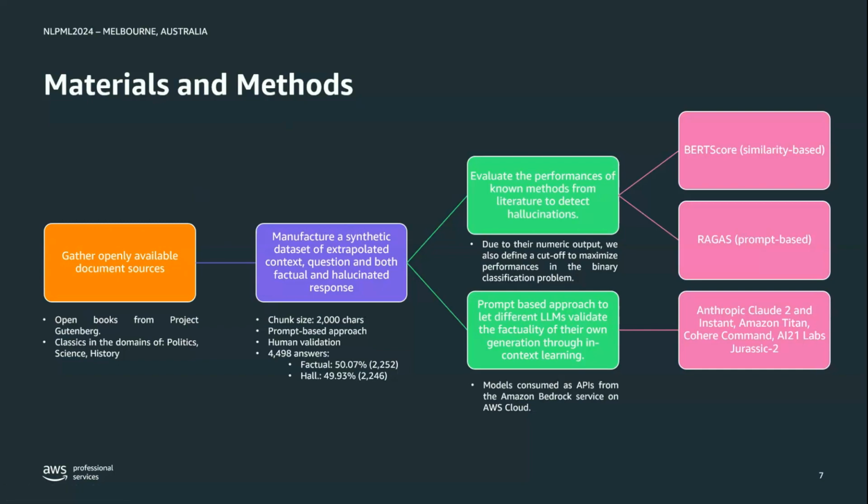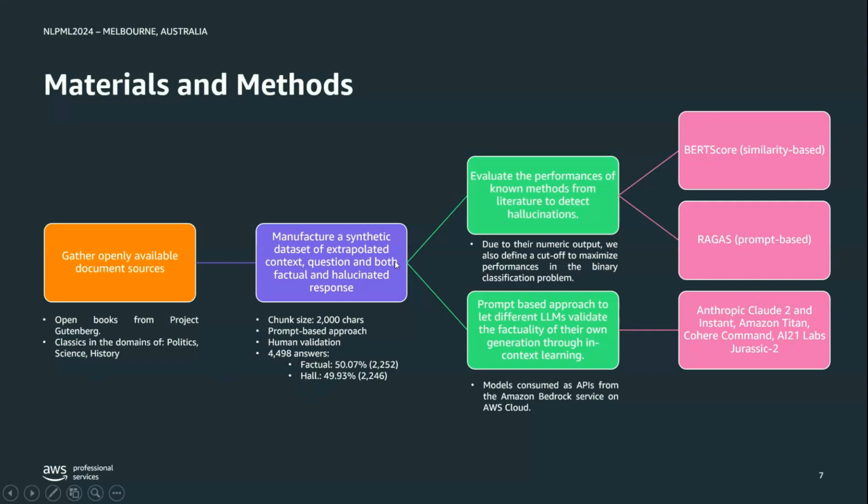We divided the books into chunks of 2,000 characters each. For each chunk, we got the context, a synthetically generated question, and both a factual and a hallucinated response. We could gather around 4,500 answers, and the dataset was balanced because we had a good ratio between factual and hallucinated responses.